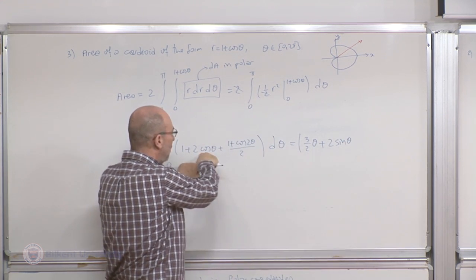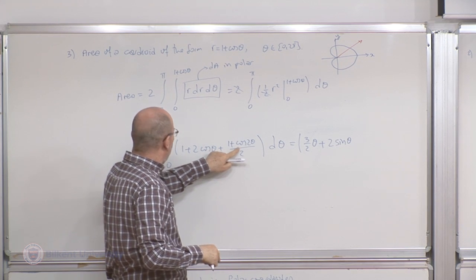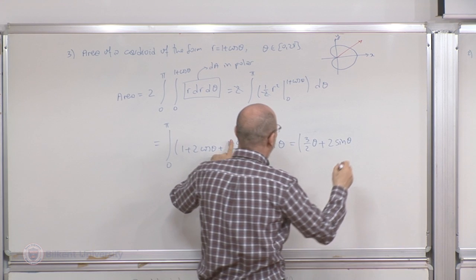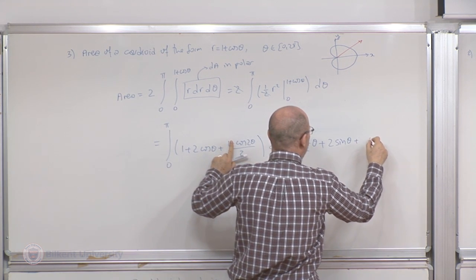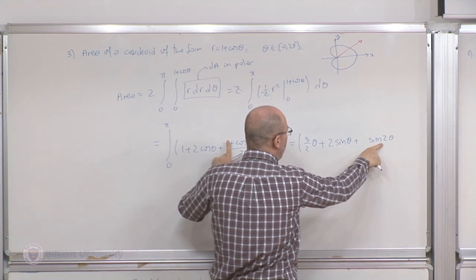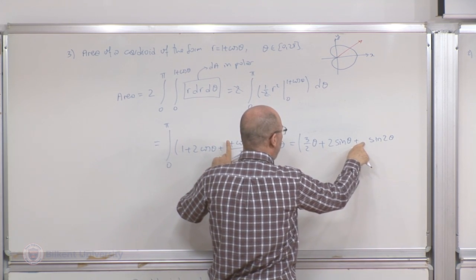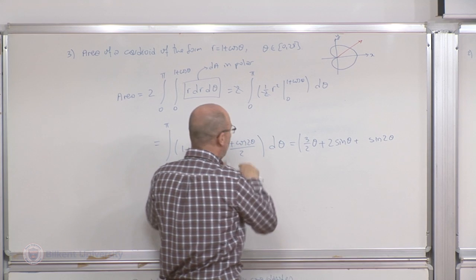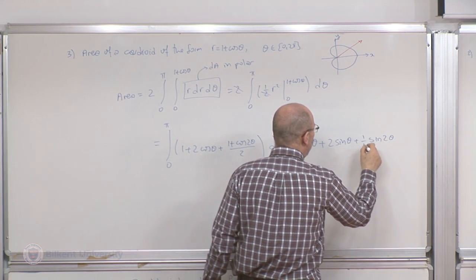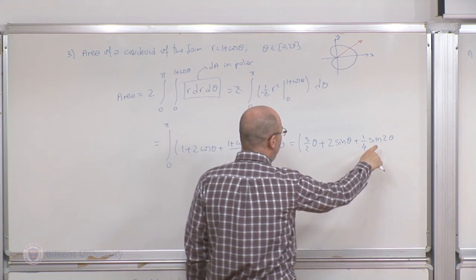Take the derivative of this, you get this. And I have here cosine 2 theta over 2. First of all, it must be sine 2 theta. If I take the derivative of this, I get 2. But I only have 1 over 2 here, so maybe I should multiply it by 1 over 4. Let me try again.